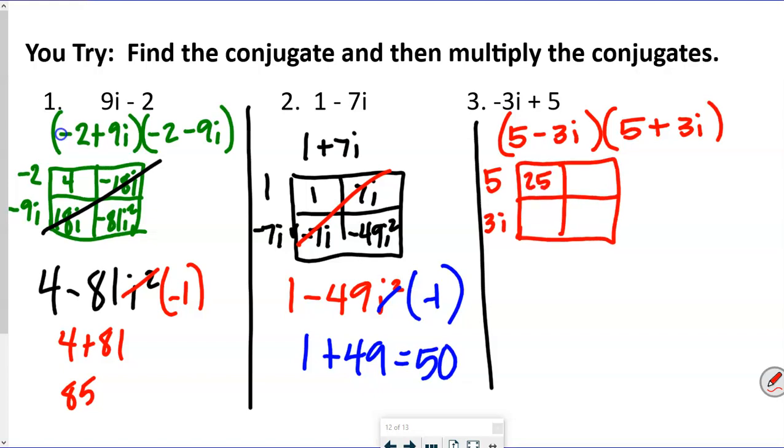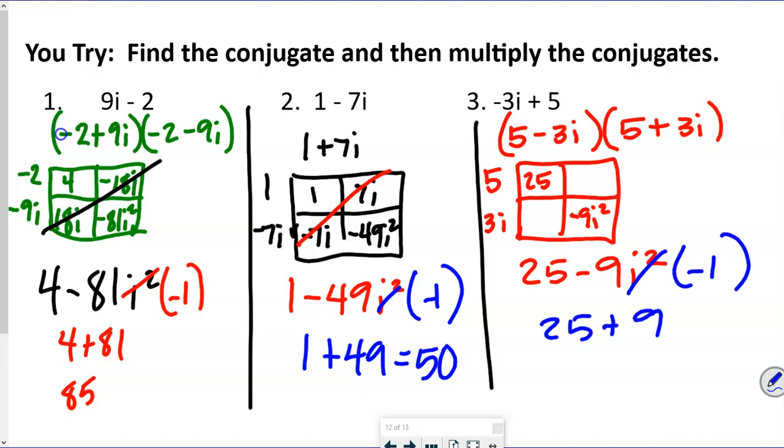Some of y'all have already seen that these middle terms cancel out every time. So this is going to be negative 9i squared, right? So this is going to be 25 minus 9i squared. This changes to a negative 1. So this is going to be 25 plus 9, which is 34.